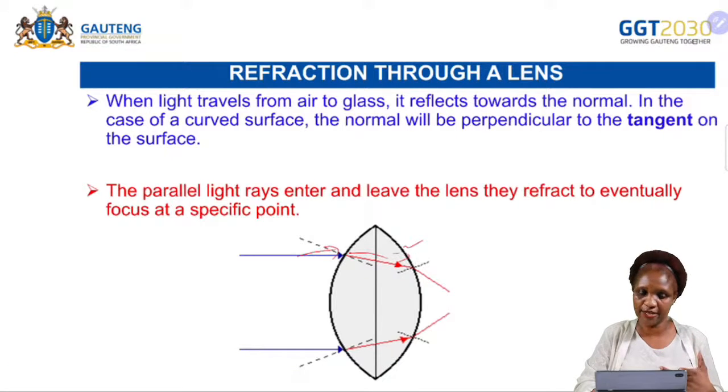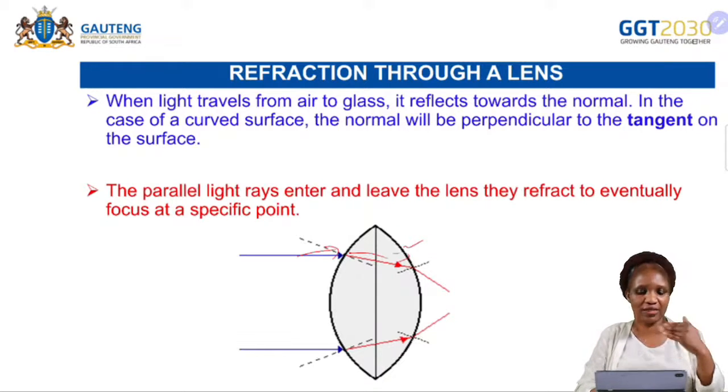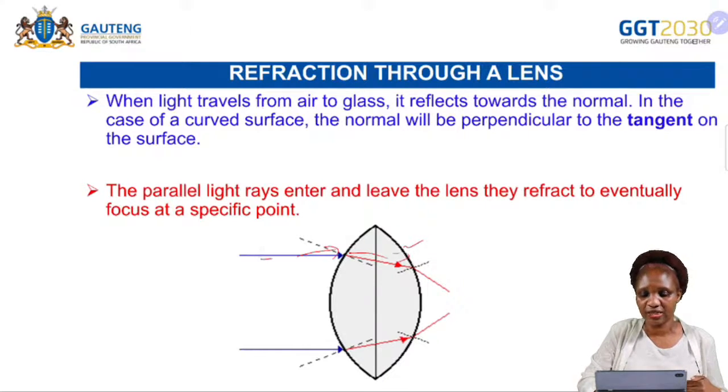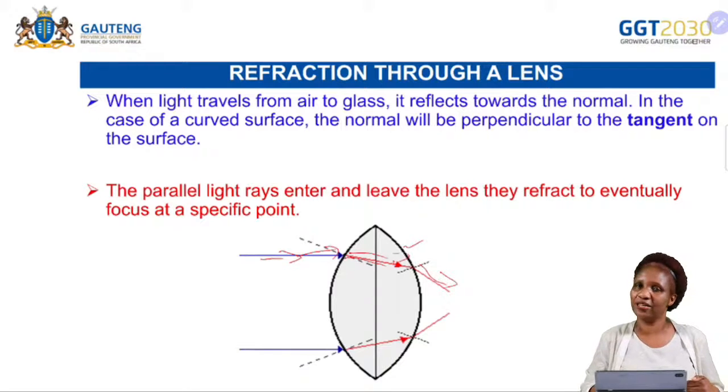Okay, it bends. The parallel light rays enter and leave the lens. They refract to eventually focus at a specific point. It changes direction. This is how it changes direction. Look at this light. It's straight from here and then it's also straight, but it is refracting and then it changes direction completely. Okay.